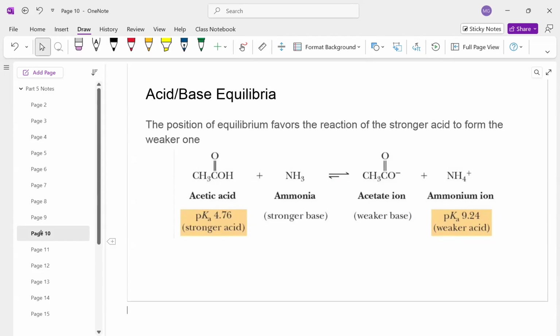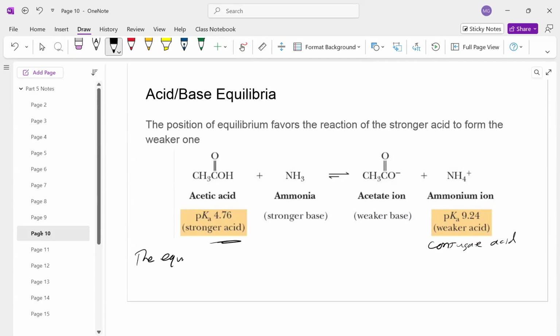And the rule of thumb is, first of all, identify your acids on both sides. So you have the acid on the left, the conjugate acid on the right, and you would look at the pKa values of those.